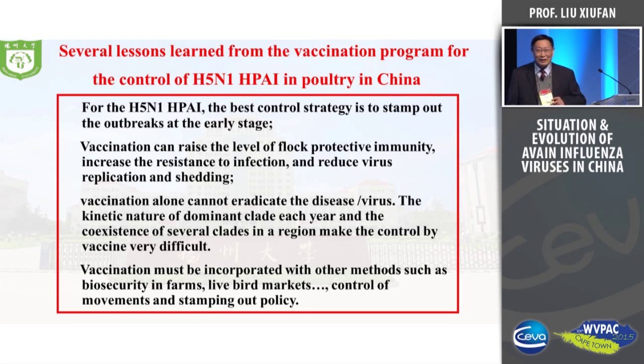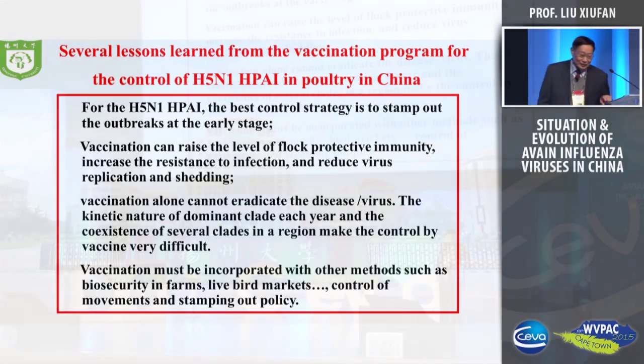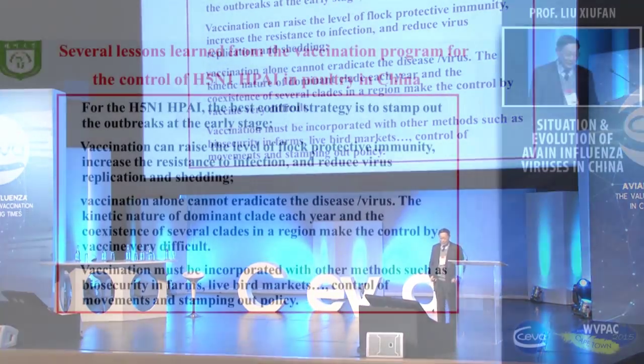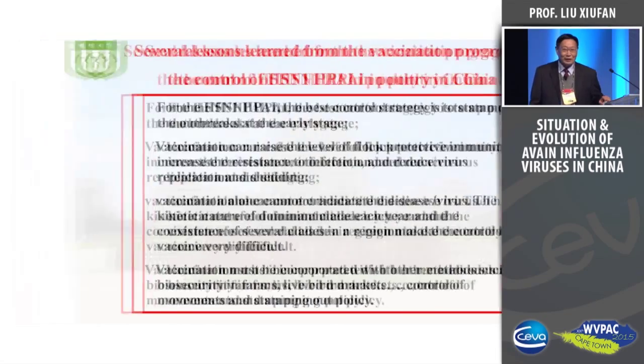As for the live vaccine, although some vector vaccines may be better, we expect the commercial companies to develop this. And the last, the vaccination must be incorporated with other methods, such as biosecurity in farms, live bird market, the control of movement, quarantine, and stamping out policy.